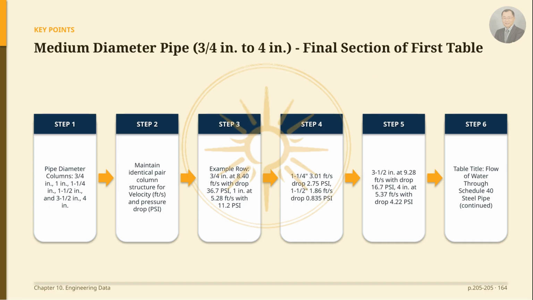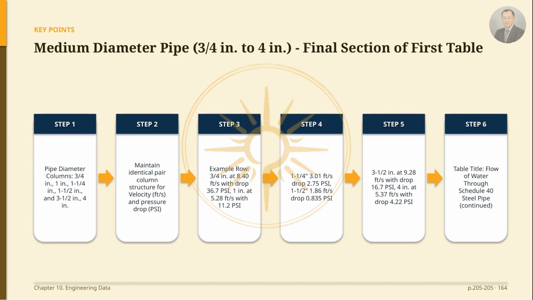Moving up one size to a 1.25 in pipe, the velocity is 3.01 feet per second with a drop of 2.75 psi, and for a 1.5 inches pipe, it falls to 1.86 feet per second with a drop of 0.835 psi.